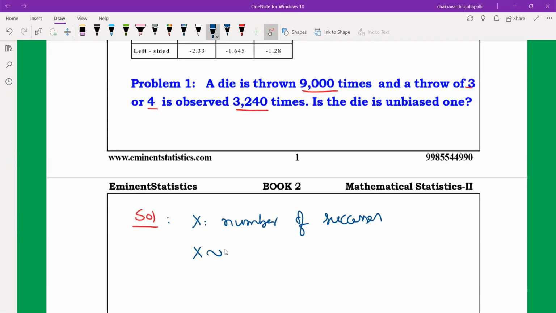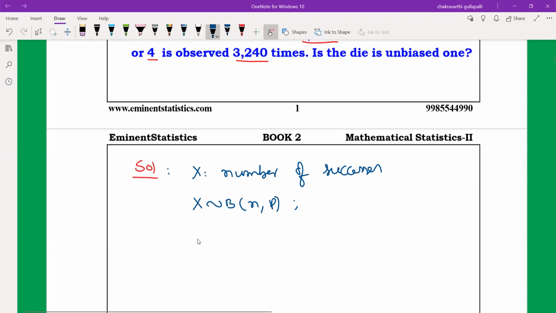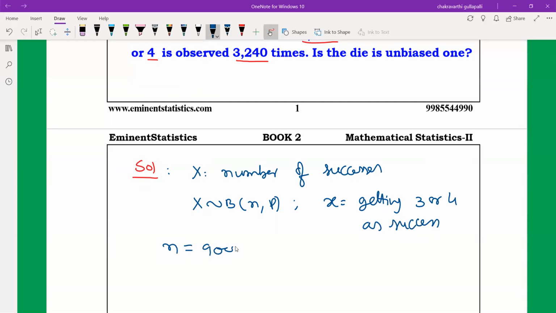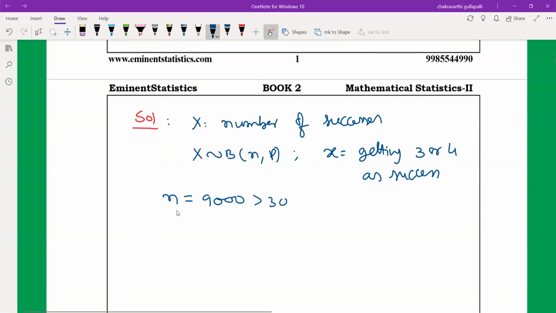X follows binomial n comma p. Success probability, failure probability, follows binomial distribution, you know very well. Now here clearly X is equal to, in the given problem, getting 3 or 4 as success. You are given that n is equal to 9,000, large case. Definitely we have to apply the Z test. No alternative for this case.